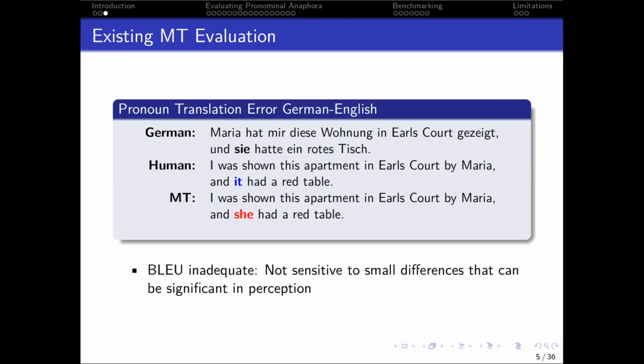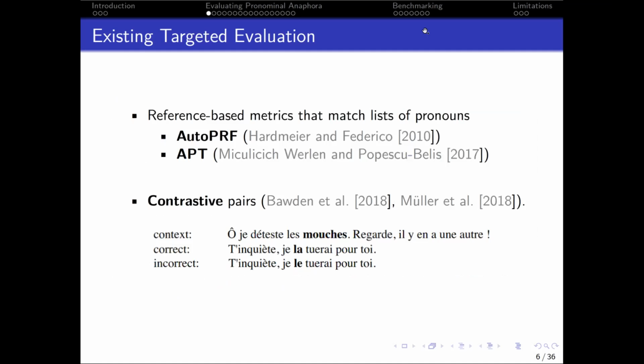So there is a significant difference in what we perceive from these two translations, despite the fact that it's just a one-word change. As I'm sure everyone will agree, BLEU is inadequate because it's not sensitive to these small differences. And it's not just BLEU. Examples of this sort make a case for why we might need fine-grained evaluation and specifically targeted evaluation, because any sort of overall metric is not going to be able to point out these kinds of problems with the translations. There are some existing targeted evaluation measures.